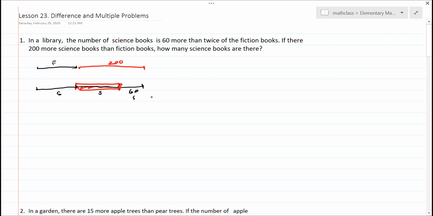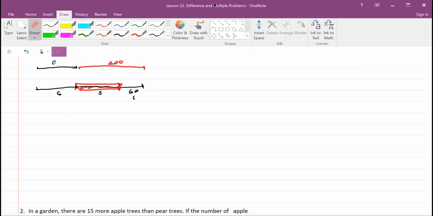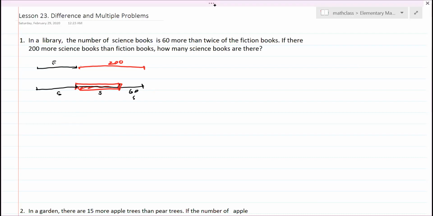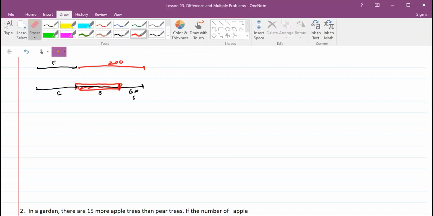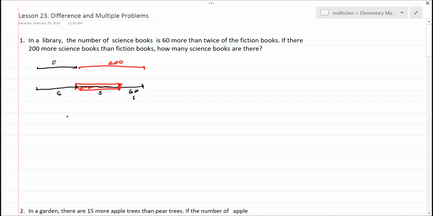So fiction books plus 60 should be 200. So you can tell how many fiction books there are.